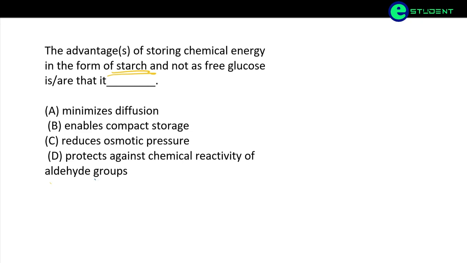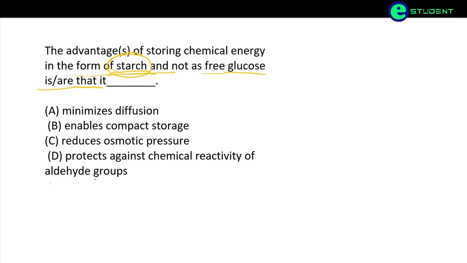The glucose is compact, and there is starch present in the plants. It is a store of energy. So the form of starch and not as free glucose is that it minimizes the diffusion.